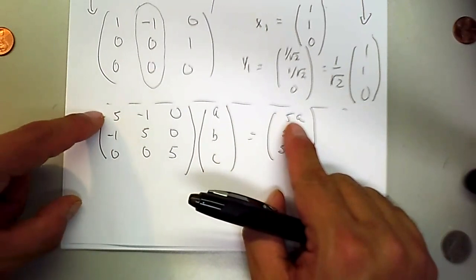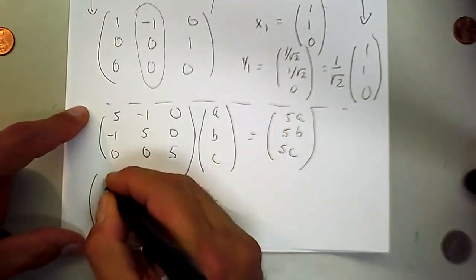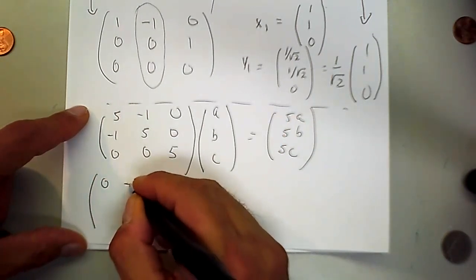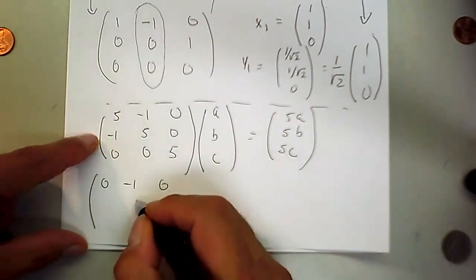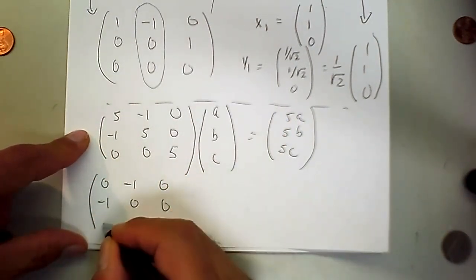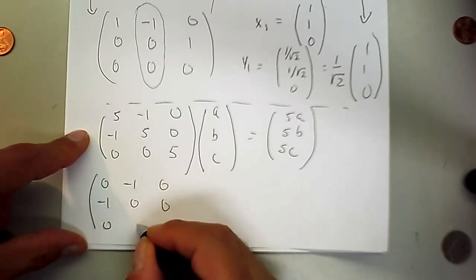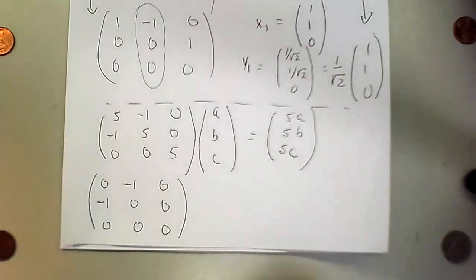Anyway, let's move on with this. So take away 5 from here, and we end up with 0, -1, 0. Take away 5. Oh, that is interesting. So we're going to end up with -1, 0, 0, 0, 0, 0. This is already almost in row echelon form.